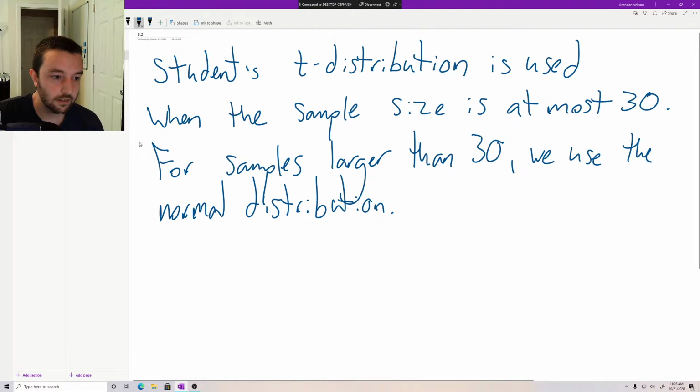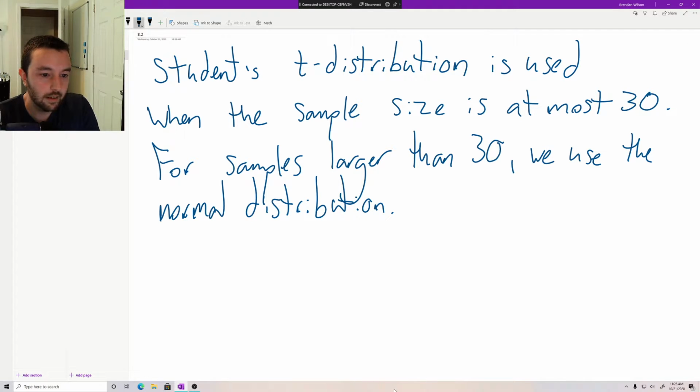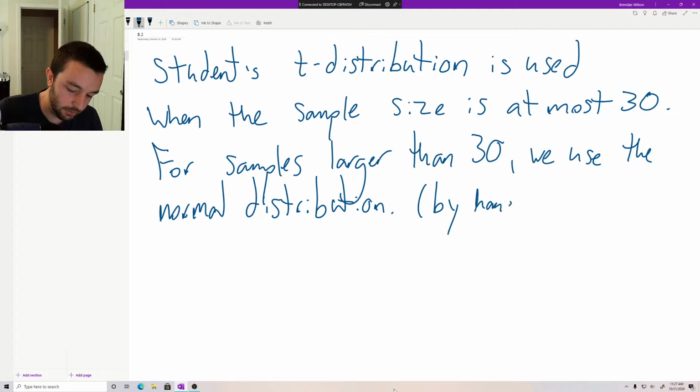Now it also mentions this is typically how it was done, at least before computers. So this is basically for calculations by hand.